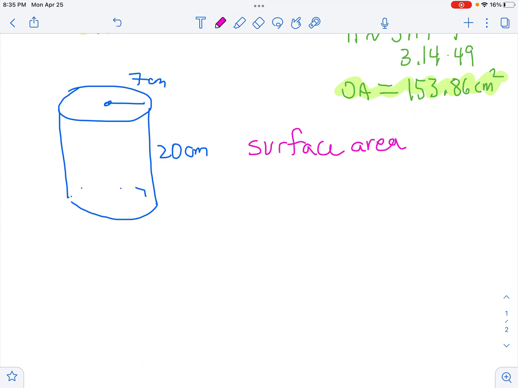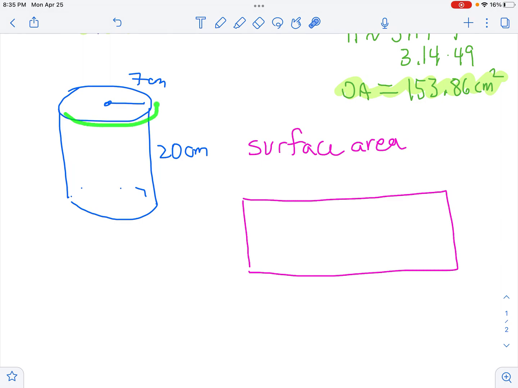I'm going to sketch out the net. So the net is going to be composed of a rectangle. Now you hopefully saw the video before, so you realize that the rectangle basically comes from unwrapping that circular area. If you saw that unwrapping, you'll recognize quickly that these two are the same.